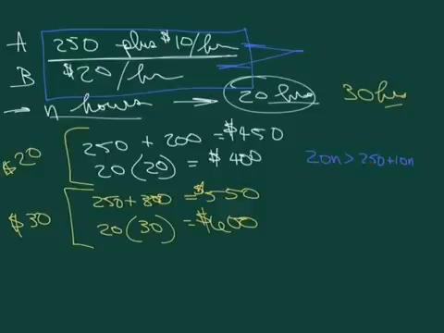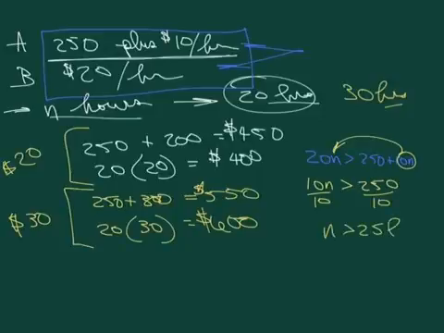Okay, so let's go ahead and solve that. 10n is greater than 250. Move that over. Divide by 10, divide by 10. So when n is greater than 25 hours, then plan B is going to be the better deal.